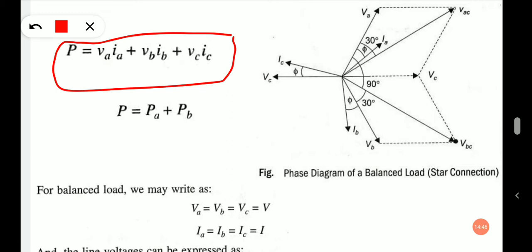So this total reading is equal to the instantaneous power of the load. Hence these two wattmeters measure the power consumed by the load, and the above results are valid for both balanced as well as unbalanced load.